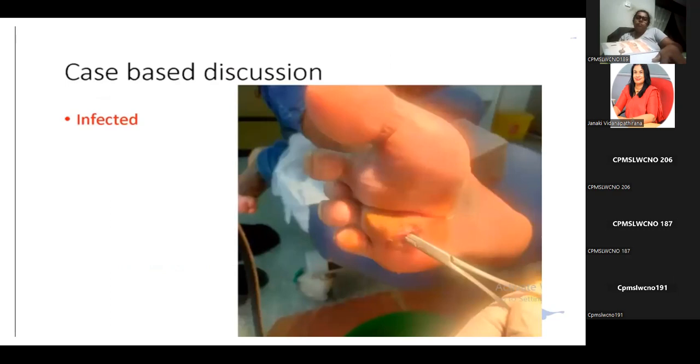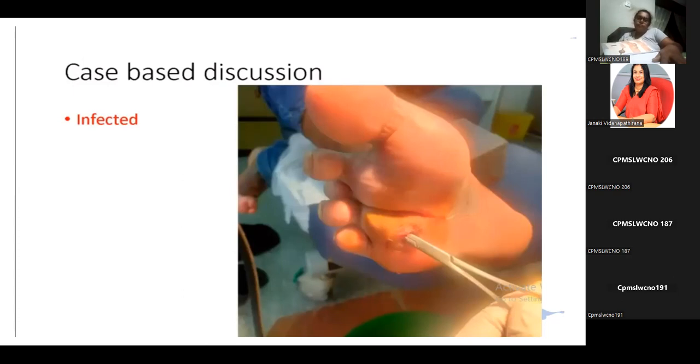So these are foot abscess. So what is the management target for this? Abscess must be drained, sir. Yes.